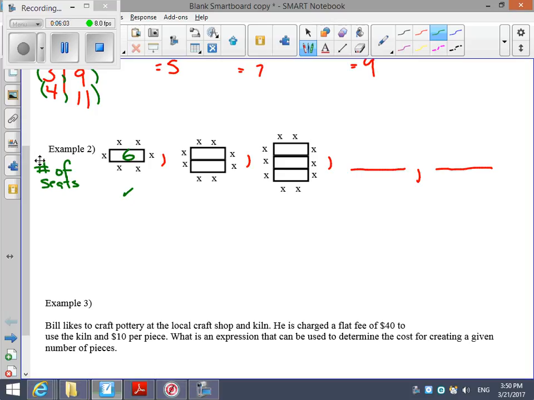If we add up our x's for the next one, we see that there are 8 available chairs for everyone. And if we look at the next one, there's 3, 3 is 6. Now there's 10 available. If we continue the pattern without drawing them, you could draw them if you wanted, but we don't need to, you know there will be 12 here, and there will be 14 here. They go up by 2 each time.